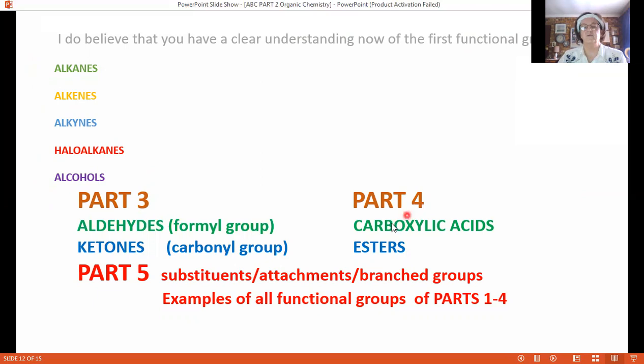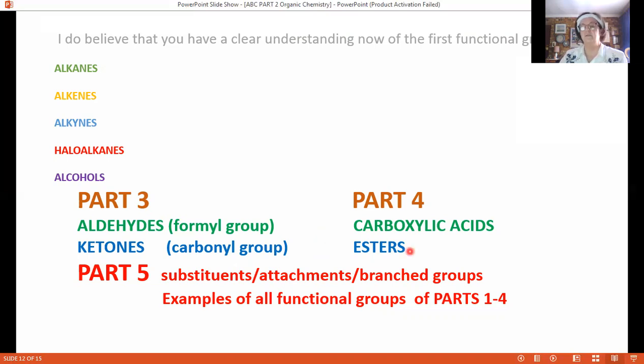And then part 4 is the carboxylic acids and the esters. And in part 5, we'll do lots of examples and then add the branch groups so that we can look at some of the exam papers and some of the questions asked there. Thank you, and I look forward to seeing you in parts 3, 4 and 5.